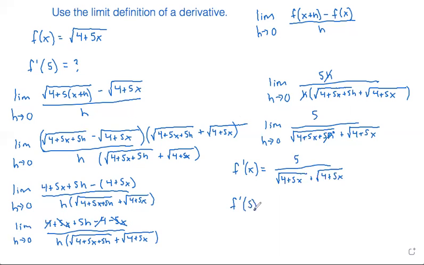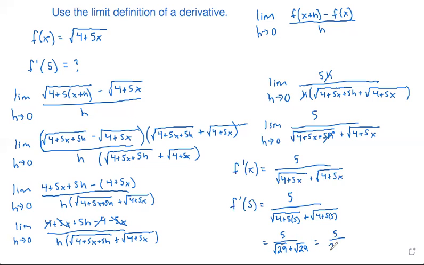So I get f prime of 5 is equal to 5 over the square root of 4 plus 5 times 5 plus the square root of 4 plus 5 times 5 again. So this is 5 over, 5 times 5 is 25, plus 4 is 29. So that would be the square root of 29, and then another square root of 29. So then if I add the square root of 29 plus the square root of 29, it's 2 root 29.